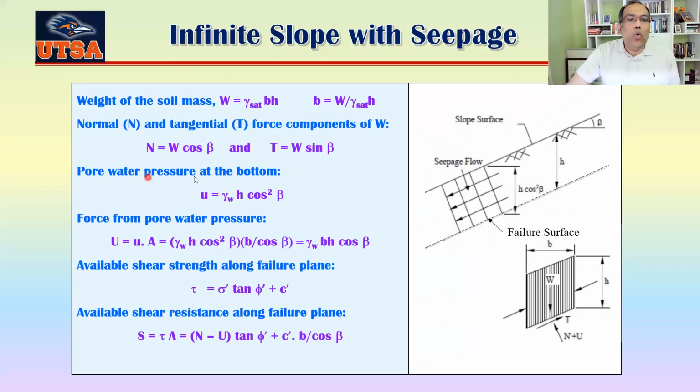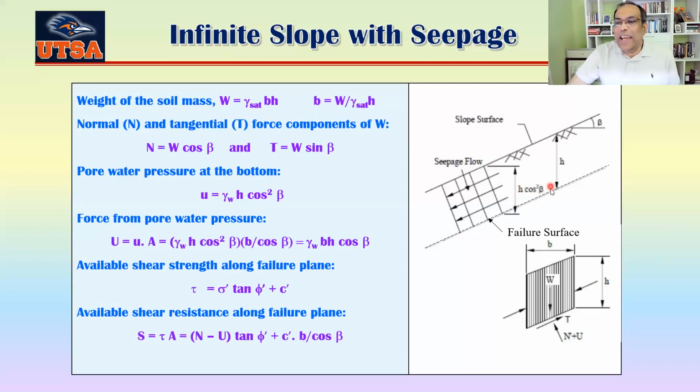Now, the pore water pressure at the bottom here, what would it be? You can see the height of water from here to here. That's basically H divided by cosine square beta, okay?